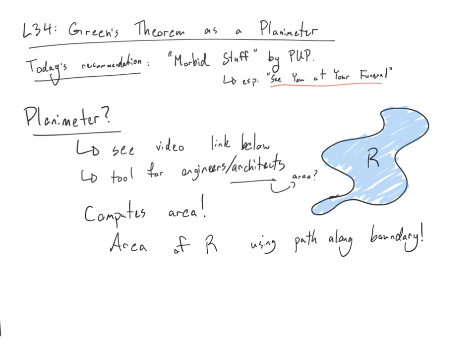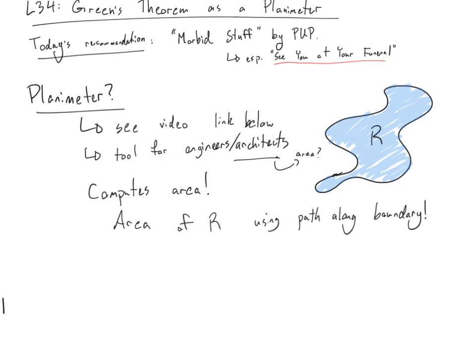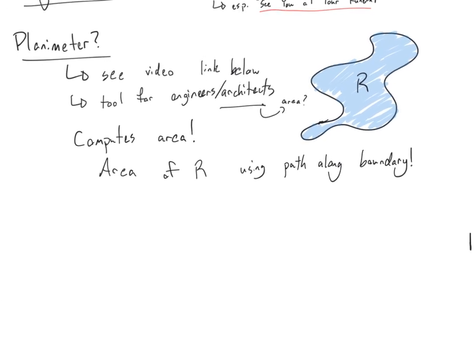The entire thing runs on Green's theorem by doing some computational integrals, which you can design. So let's look at it from a mathematician's point of view. What does Green's theorem tell me about area?